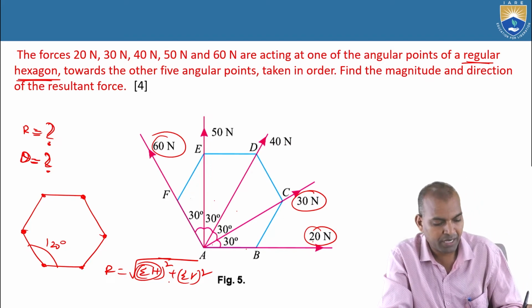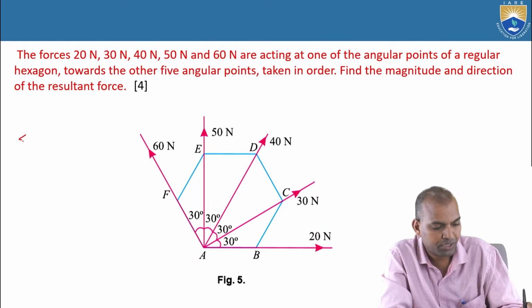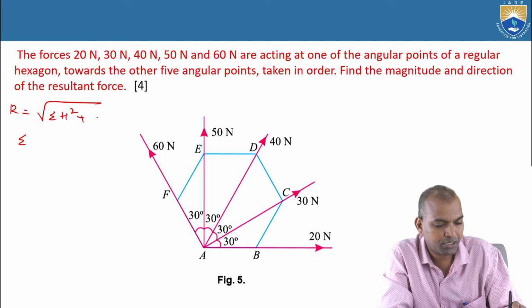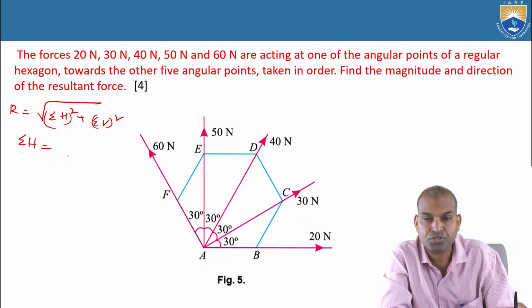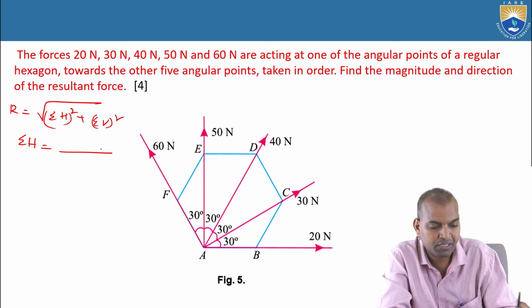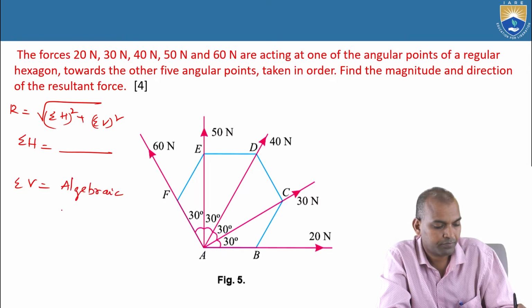Sigma h is the algebraic sum of all horizontal forces, and sigma v is the algebraic sum of all vertical forces.